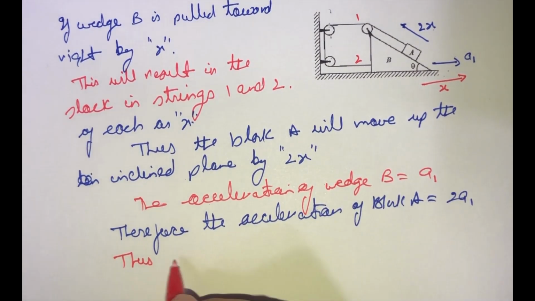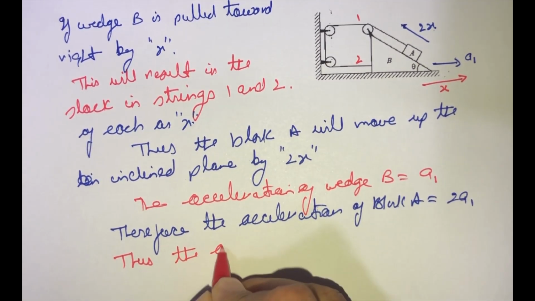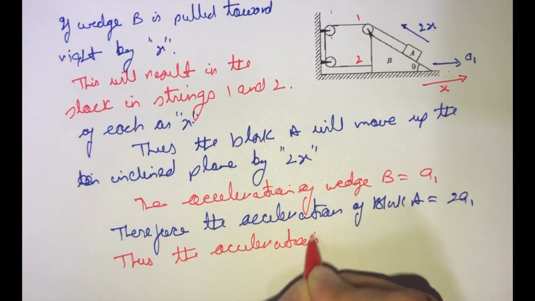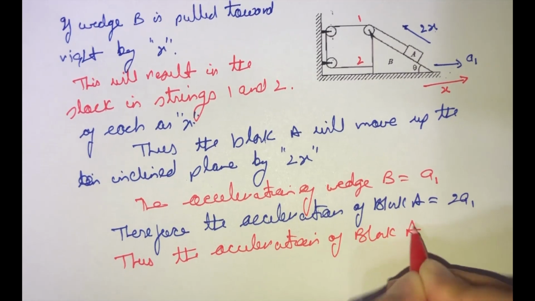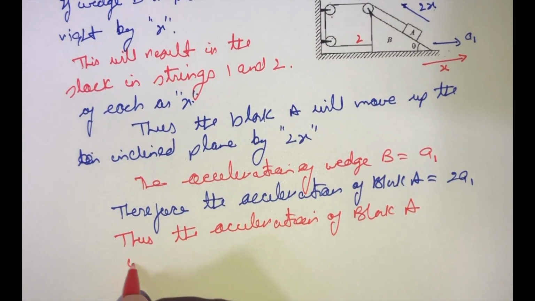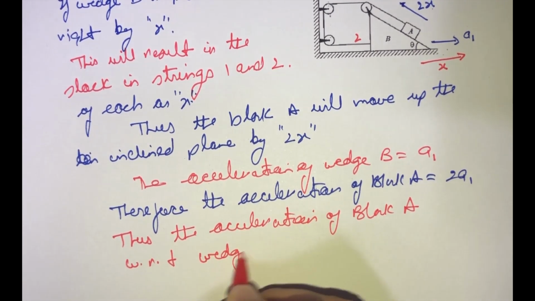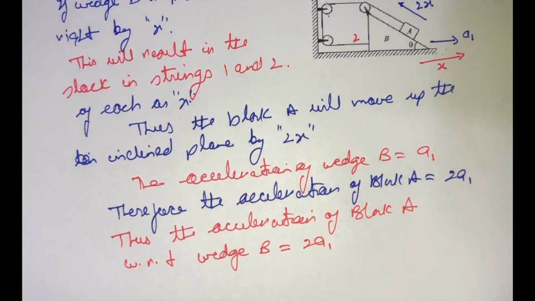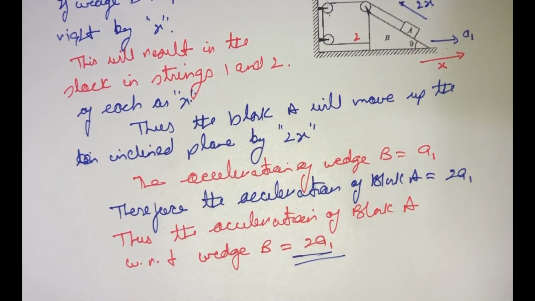Thus the acceleration of block A with respect to wedge B will be equal to twice A1. So this completes our part A.